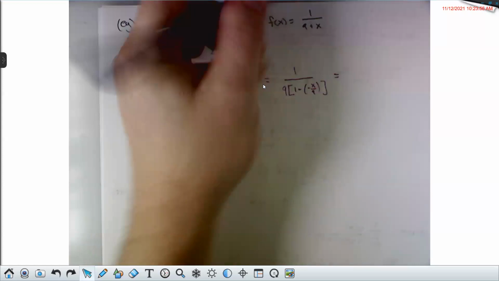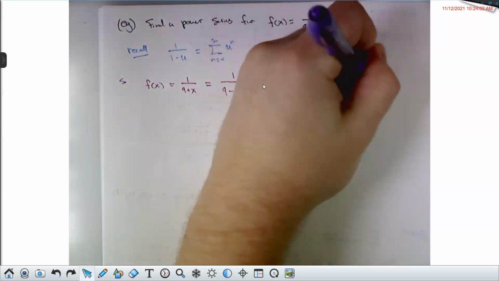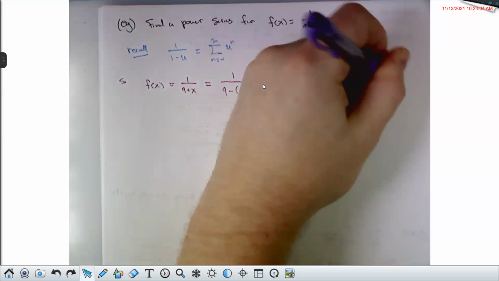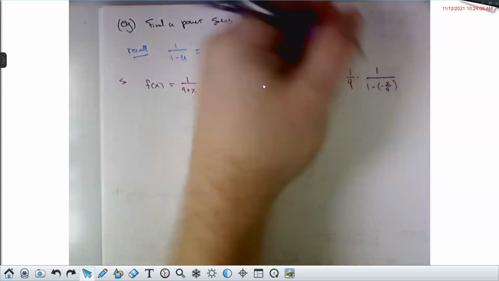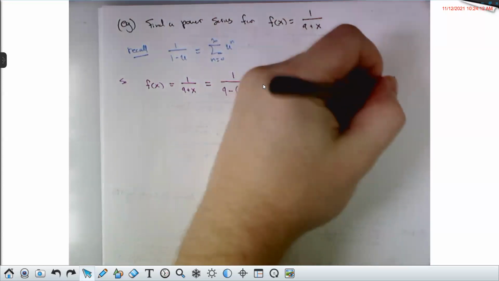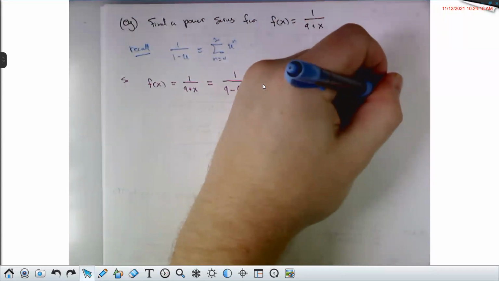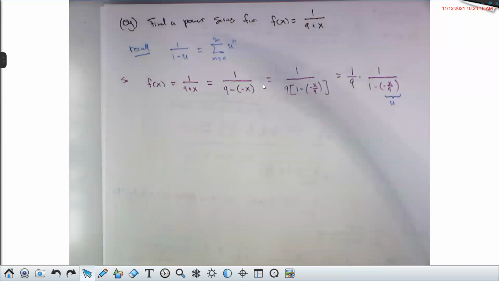So this then can be 1/9 times 1 divided by 1 minus negative x over 9. And now this is in the form 1 over 1 minus u. Here's u.